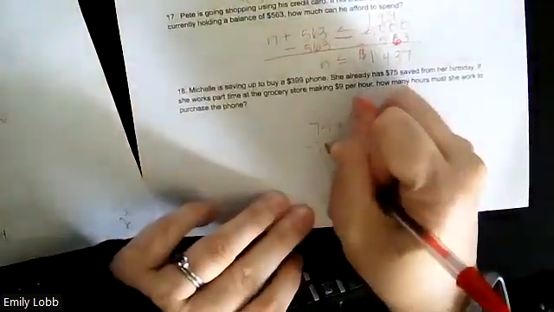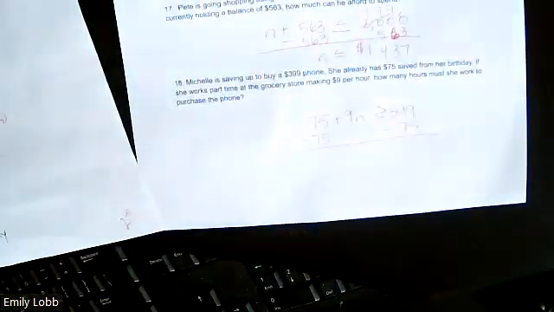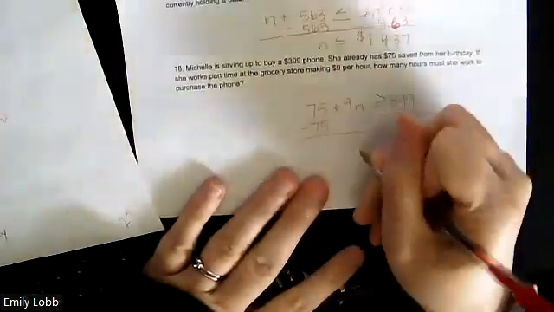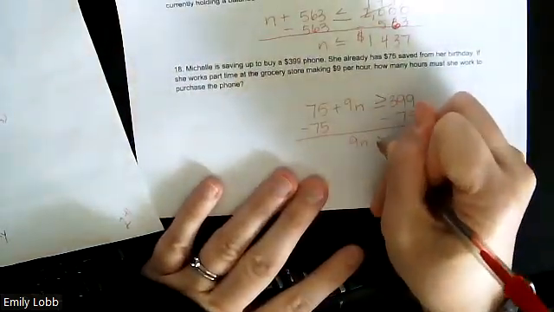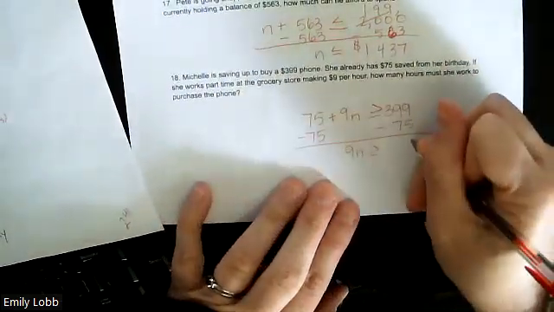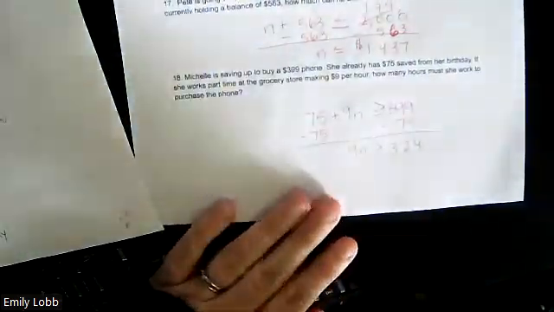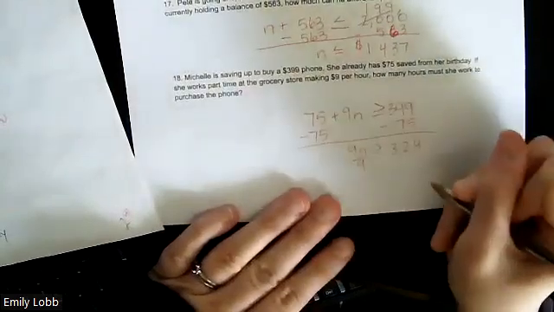So she's already saved up that 75, so we can subtract that from how much the phone is. So we know 9n is greater than or equal to 324.